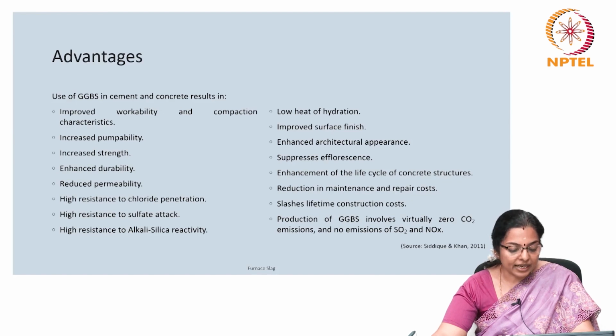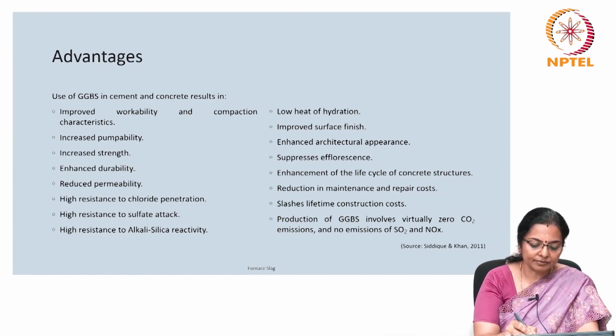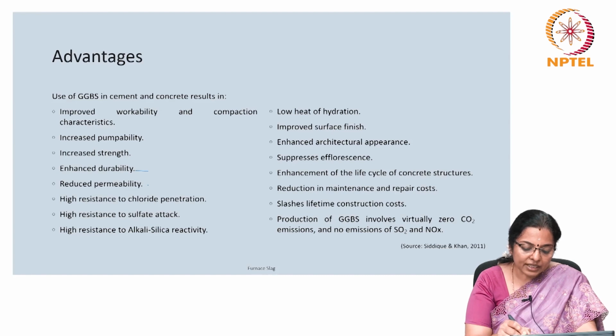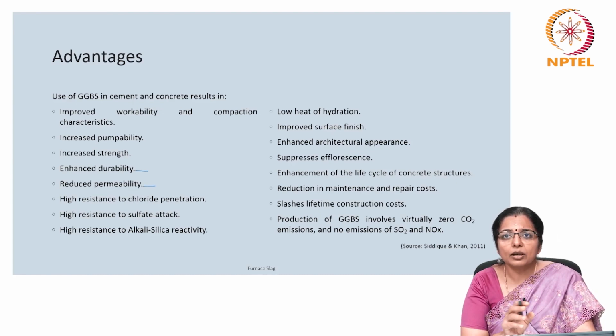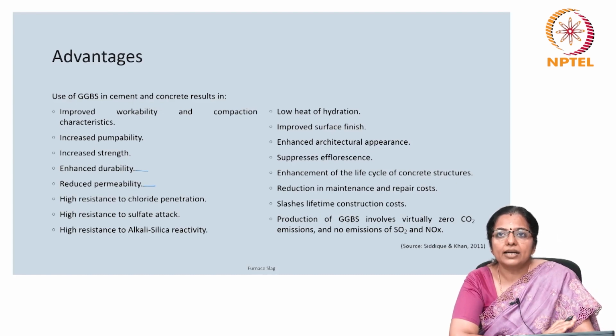It leads to enhanced durability. It gives reduced permeability, because ground granulated blast furnace slag contributes to enhance strength, durability and reduce permeability of concrete structures, making them more resilient over time.